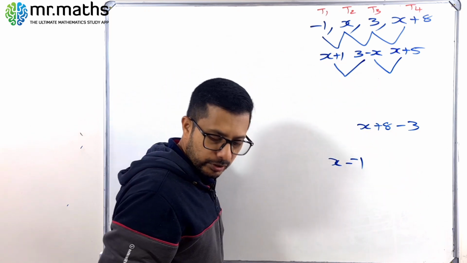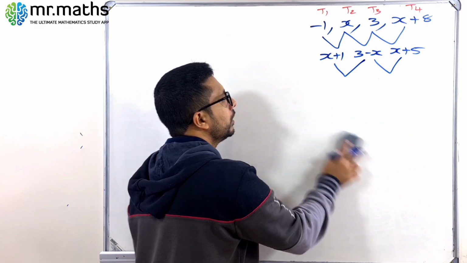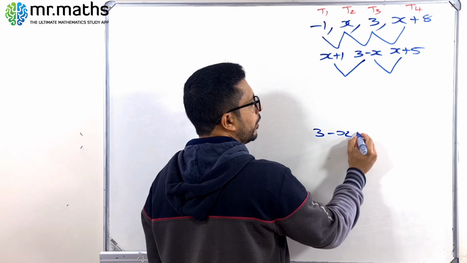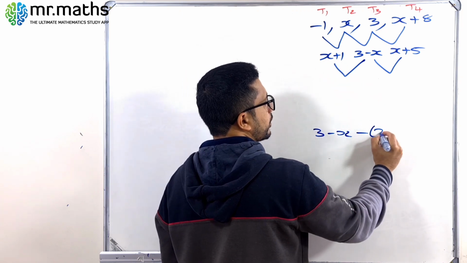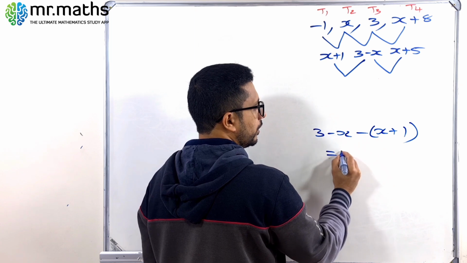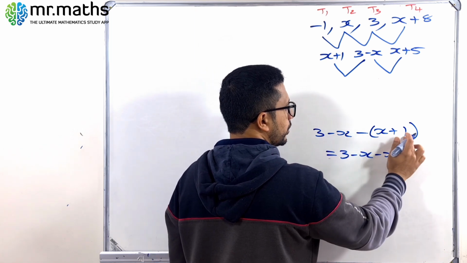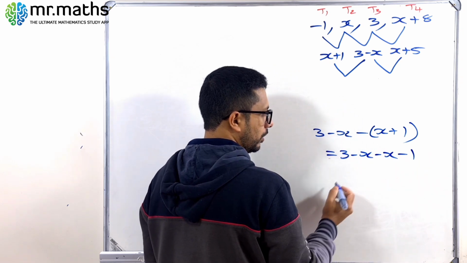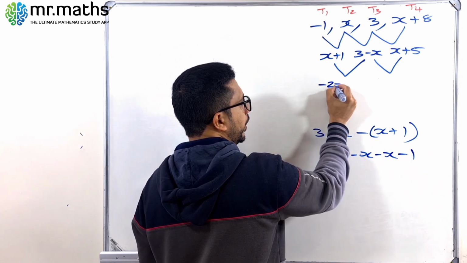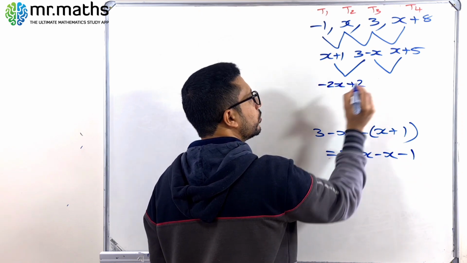I'm going to work it out somewhere here to make my work easy. Now this one is 3 minus x minus (x plus 1). Expand the bracket: 3 minus x, minus x is minus 2x, 3 minus 1 is 2, so minus 2x plus 2.